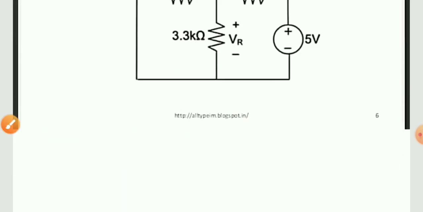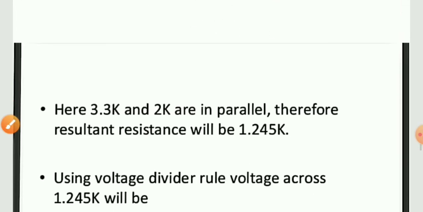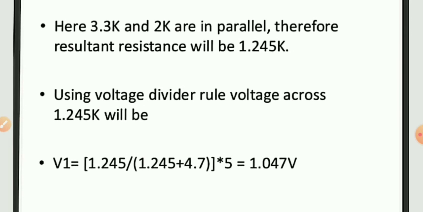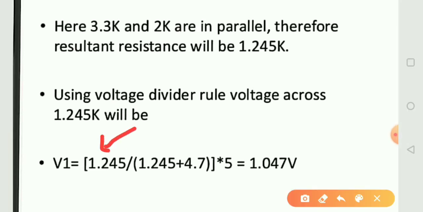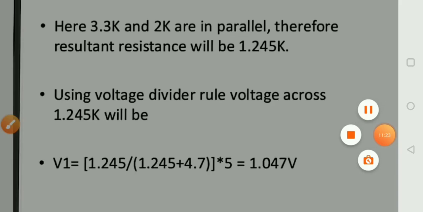So the value is V1 equal to 1.245, the parallel resistance, upon parallel resistance plus series resistance, into 5 volt source.